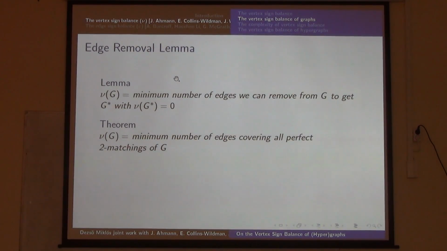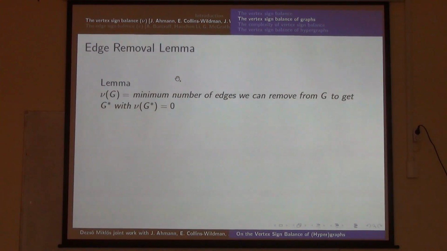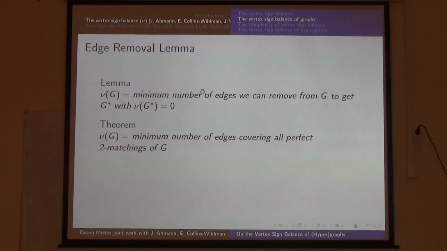But then this theorem gives us this edge removal lemma, which basically says that the vertex sign balance is equal to the minimum number of edges one can remove from a graph such that the resulting graph will only have 0 vertex sign balance.